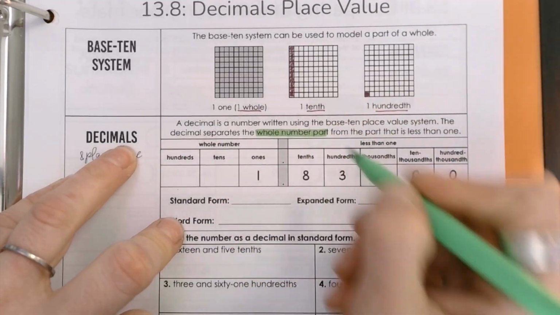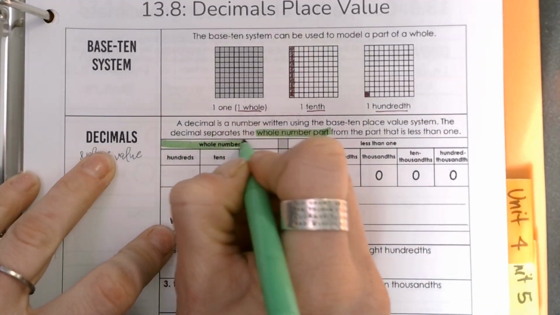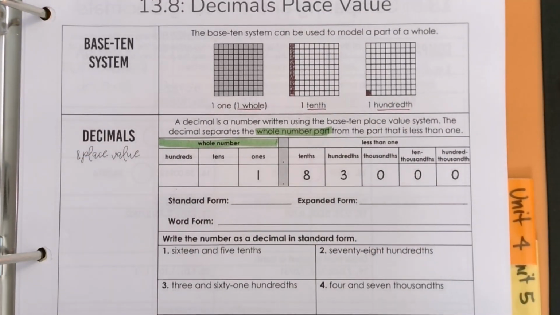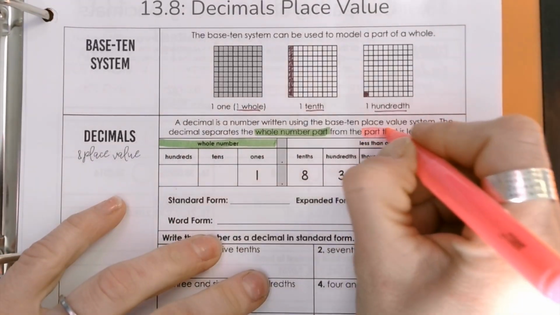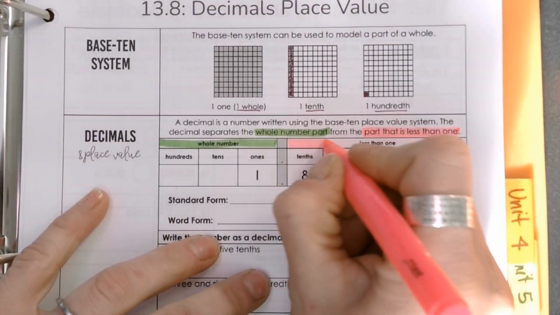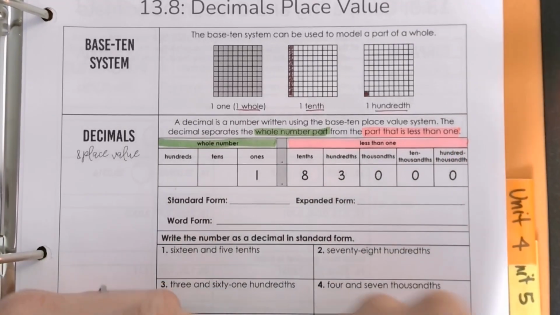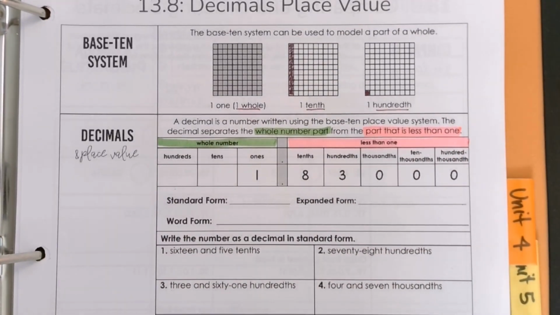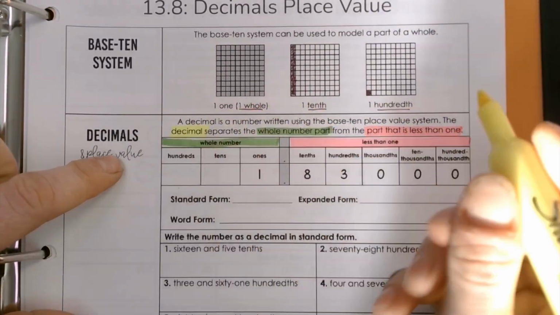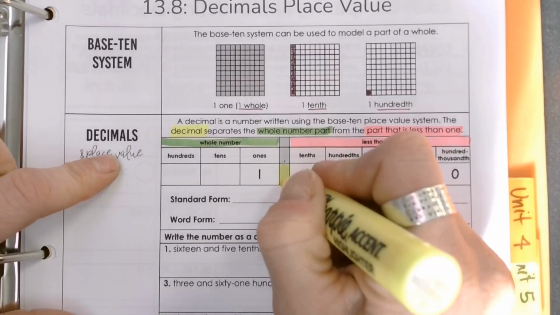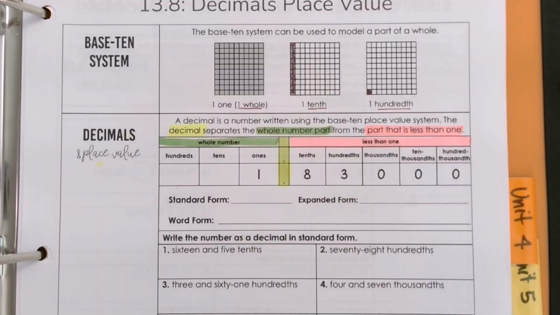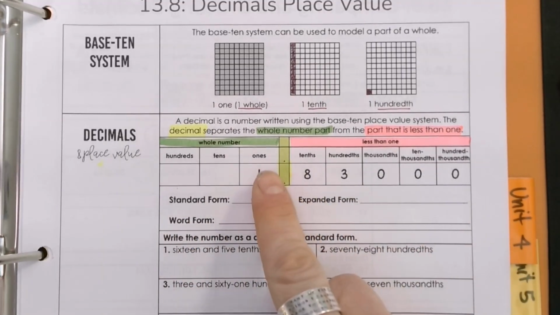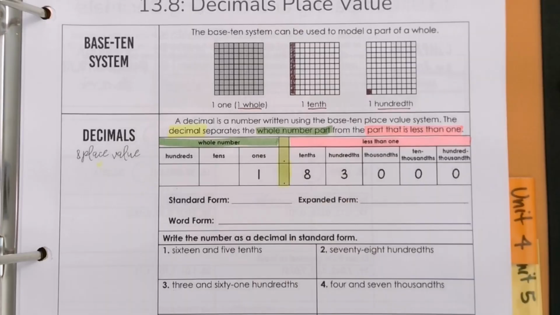So the whole number part is here, and the part that is less than 1 is after the decimal. The decimal itself is the dot, the period. That is the decimal. And it separates the whole numbers from the less than whole numbers.